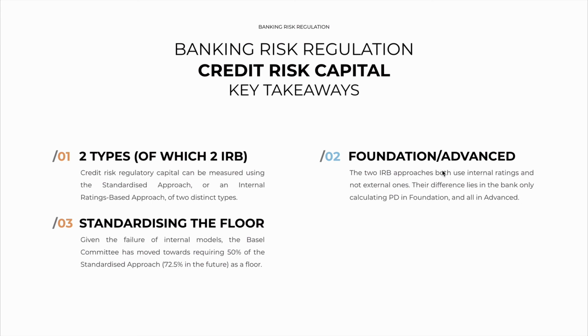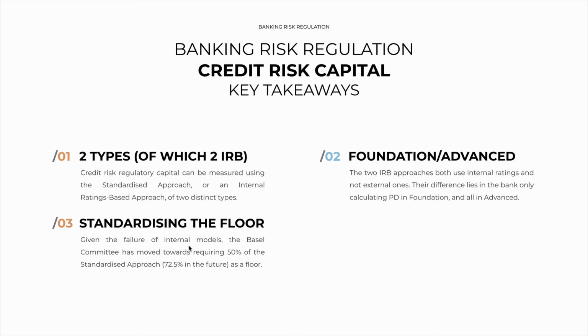The common element of both is that both calculate internal ratings for credit instead of leveraging external ones. The only difference between the two lies in the bank only calculating the probability of default in foundation IRB versus calculating all quantitative metrics in advanced IRB.